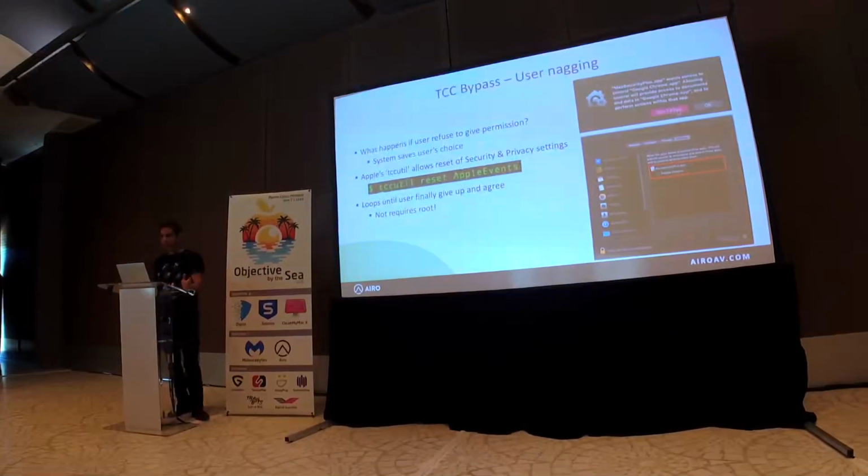And as I mentioned before, what happens if the user clicks Don't Allow? Usually when you click Don't Allow, in the Security and Privacy settings the permission gets written without any check in the checkbox. But if the malware wants to be persistent, it can use an application that is built into the OS. It's called tccutil.